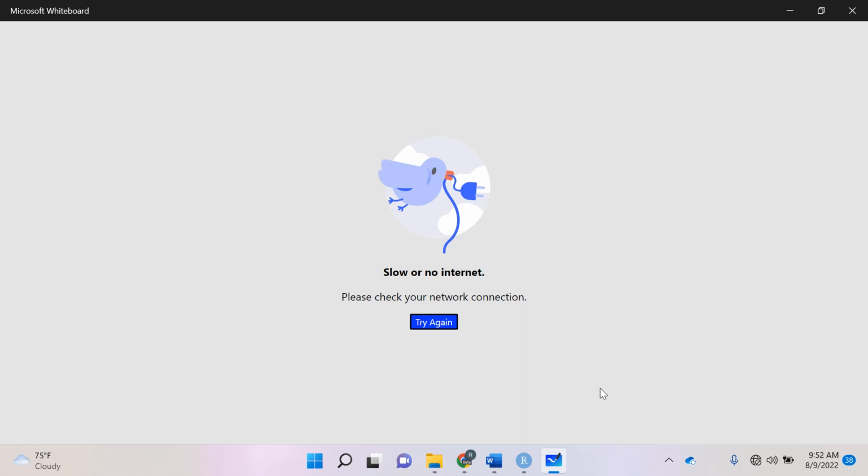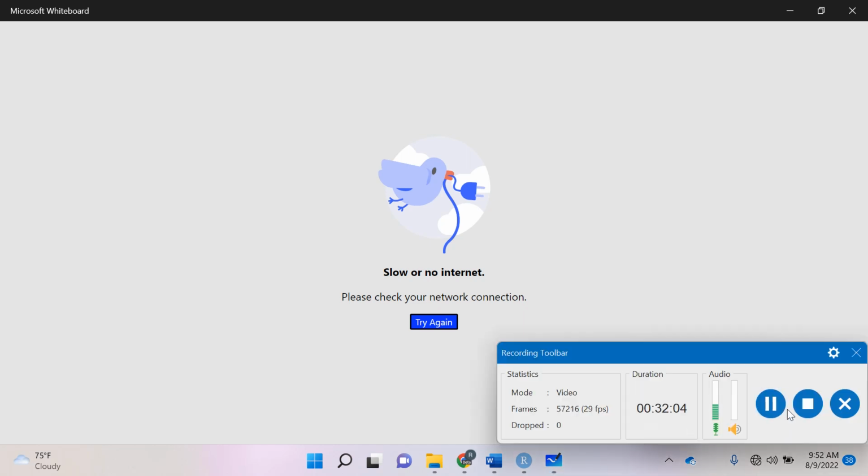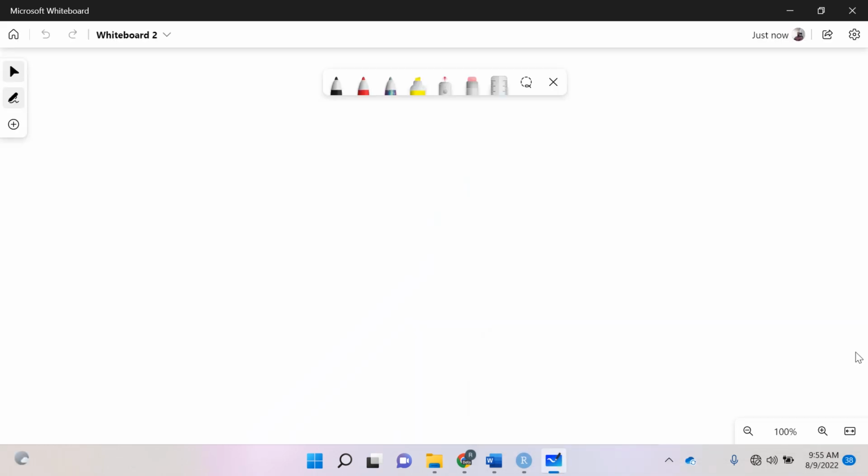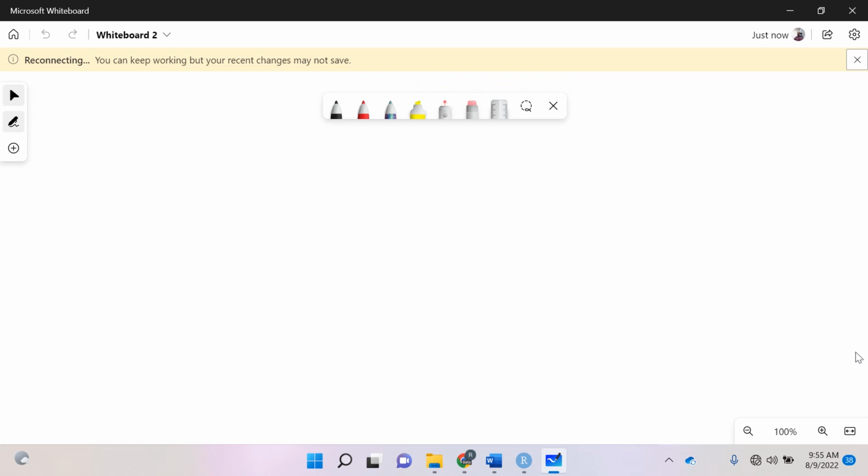Let me just pause and set up my whiteboard. Okay, so now I have my whiteboard. Let's first start with the Poisson distribution.